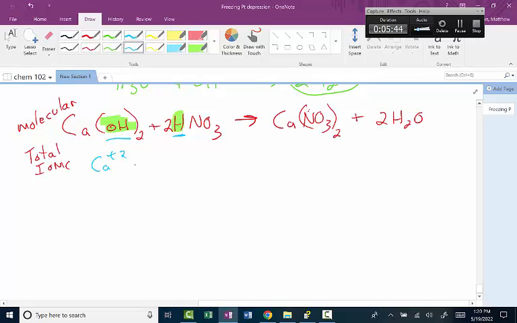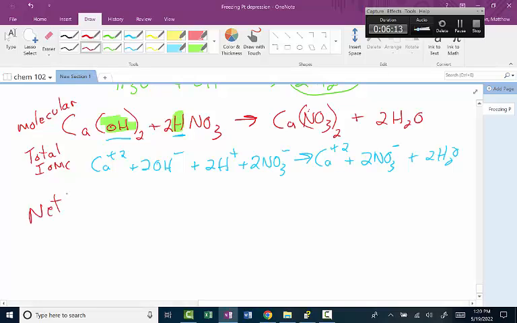The total ionic would be breaking them up into their pieces. Calcium +2 plus 2 OH minuses plus 2 H plus 2 NO3 minuses yields calcium +2 plus 2 NO3 minuses plus 2 H2O. And if I want to do the net ionic, I just cancel my spectator species.